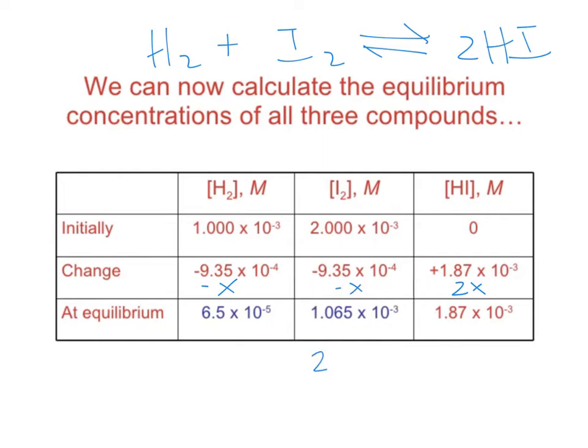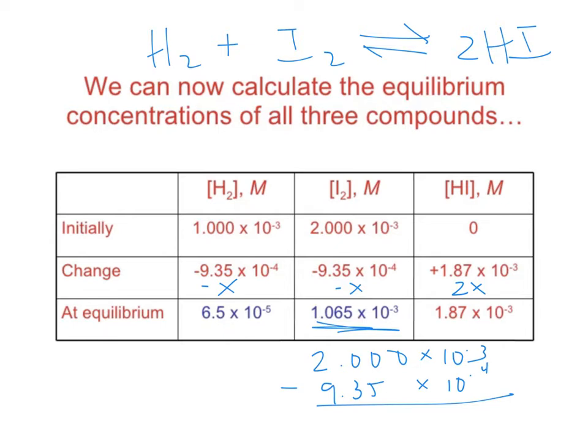You can work it out yourself. 2.00 times 10 to the minus 3, put it in your calculator, minus 9.35 times 10 to the minus 4 gives you this number. Over here we started with slightly less H2, subtract this much and you get this amount. So now we know our concentrations at equilibrium of each substance in our reaction.